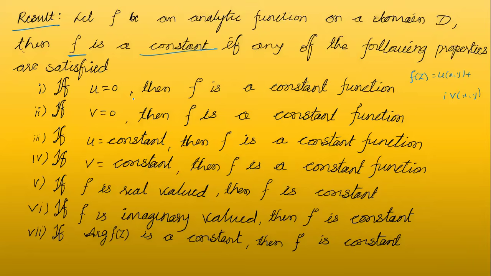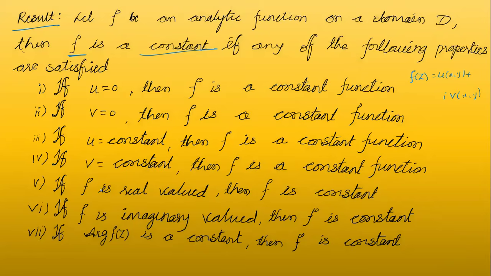In this case, if u is equal to 0, then f is a constant function. If v is equal to 0, then f is a constant function. Third one, if u is constant, then f is a constant function. Fourth one, if v is constant, then f is constant function.